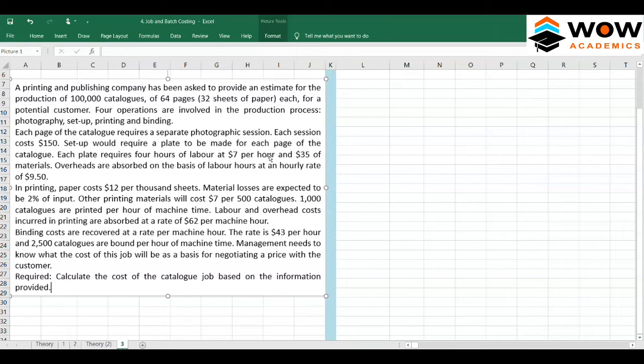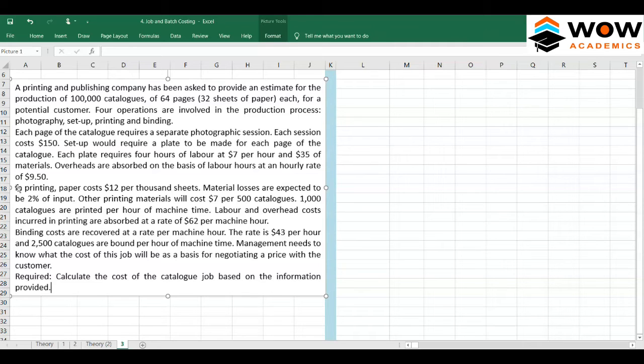So 35 is for each plate. Overheads are absorbed on the basis of labor hours at an hourly rate of 9.5. So the fixed cost per unit is 9.5 per hour.